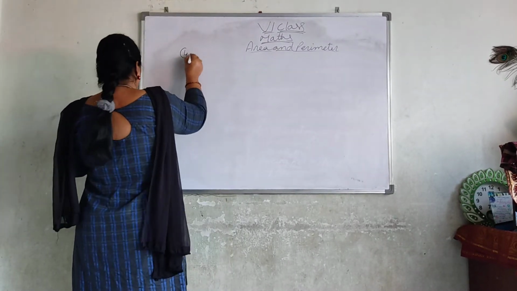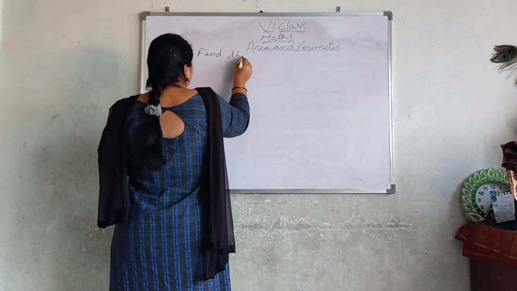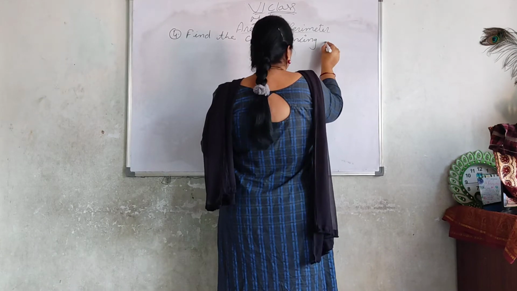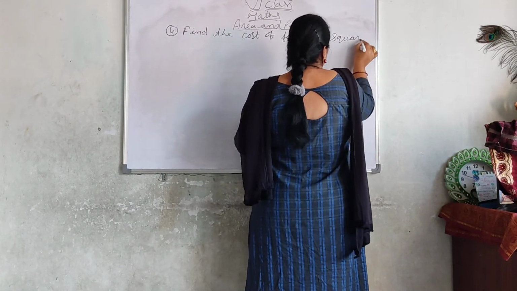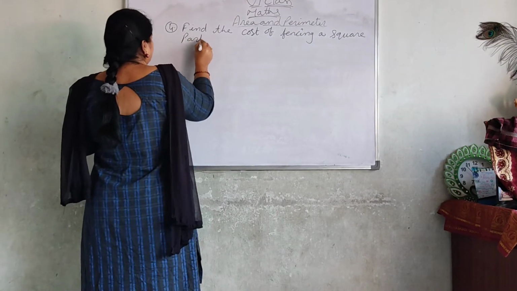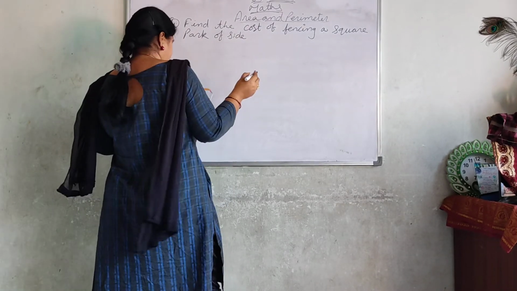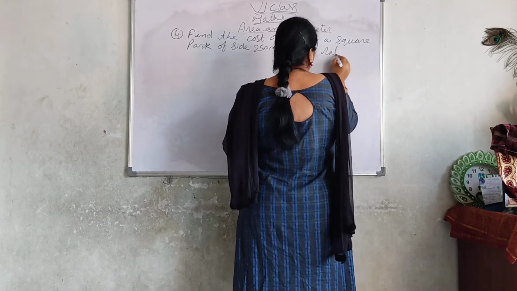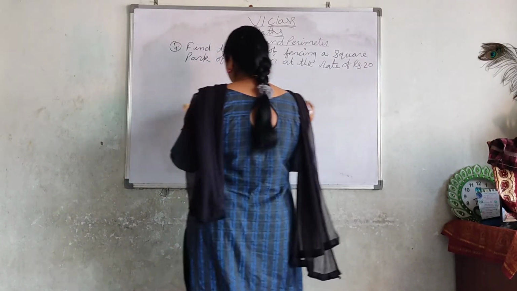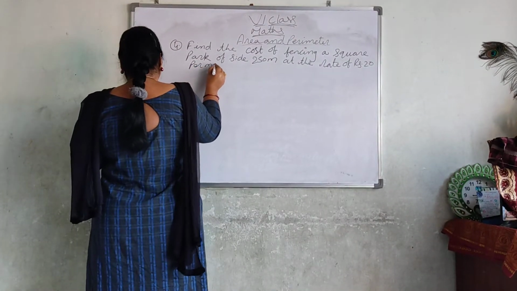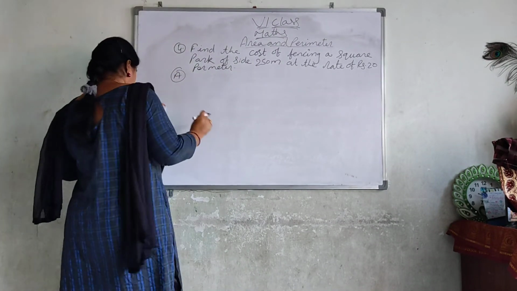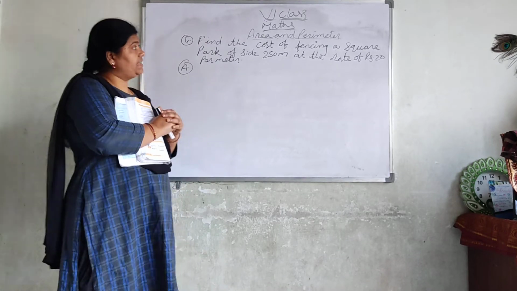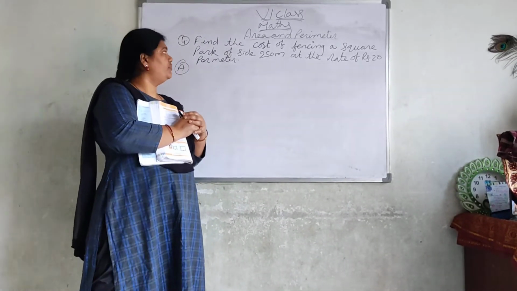Fourth problem. Now see here. Find the cost of fencing a square park of side 250 meters at the rate of 20 rupees per meter.